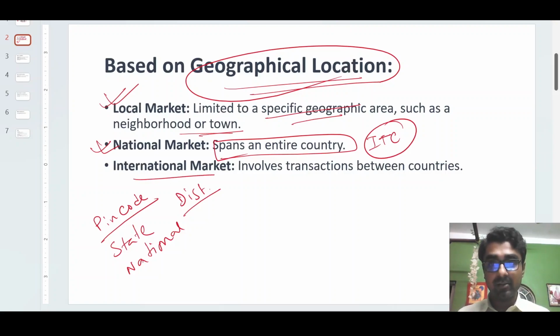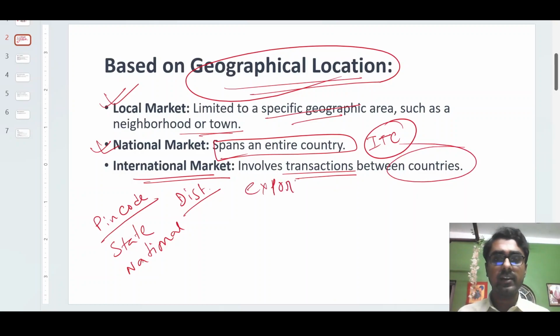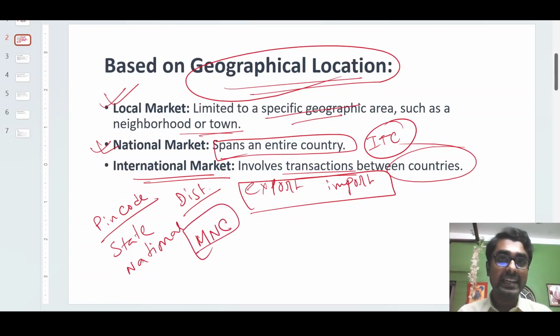And next is the international market. An international market is where the transaction is between two countries. That means it could involve export and import. Different big companies, called MNCs, multinational companies, transact with other countries.